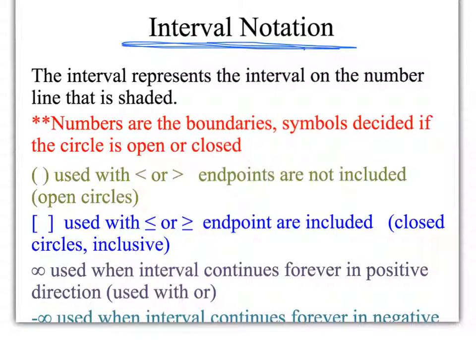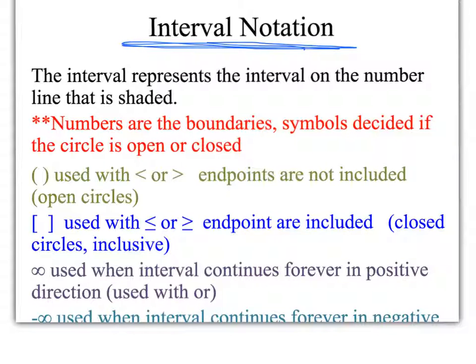Okay, point number 1. The interval represents the interval on the number line that is shaded. What you're going to see here is going to look weird, but what I mean is it represents the part of the number line that was shaded. Right, part number 2.